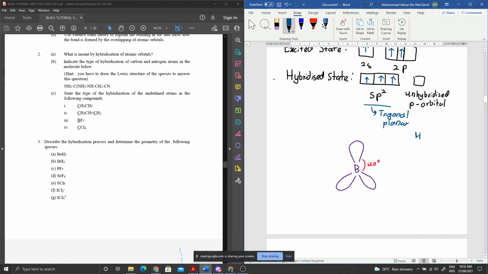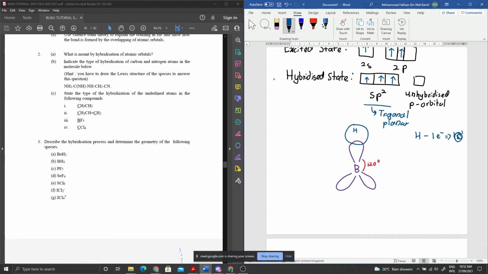So hydrogen will only have satu electron which is in 1s1. So it makes sense untuk boron overlap dengan orbital s daripada hydrogen. So this is hydrogen. Okay, kalau boleh, so I lukis kecil.